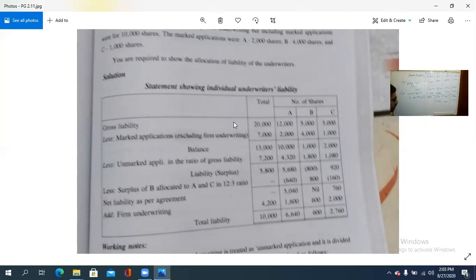So the net liability is how much? 5,680 minus 640. How much? 5,040.